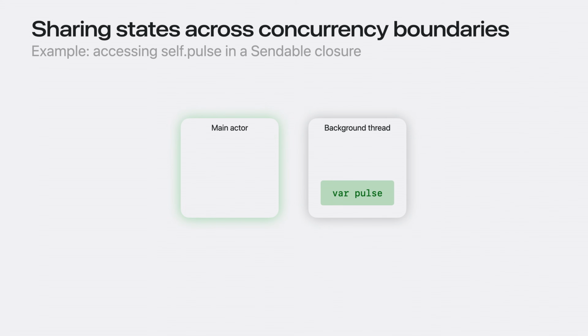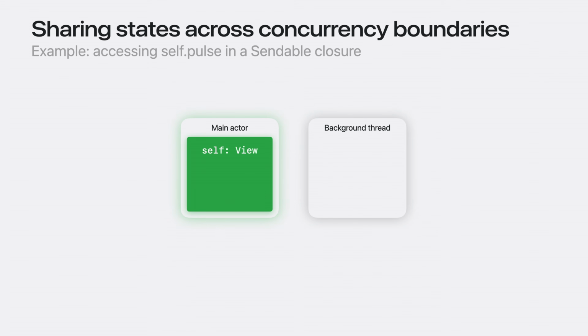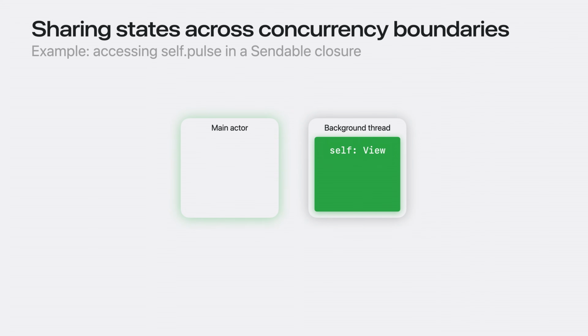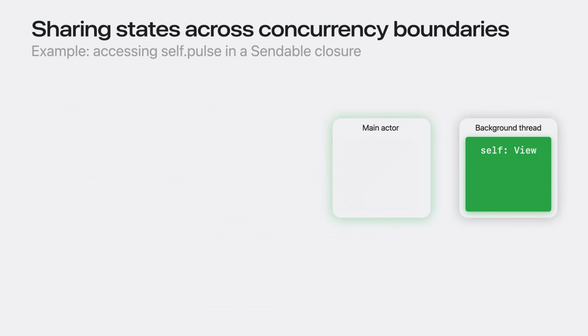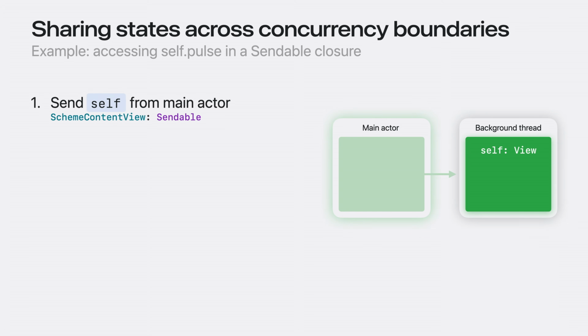From there, our end goal is to access the pause variable in a sendable closure. To achieve that, two things must happen. First, the value self must cross the boundary from main actor to the background thread's code region. In Swift, we refer to this as sending the variable self into the background thread.